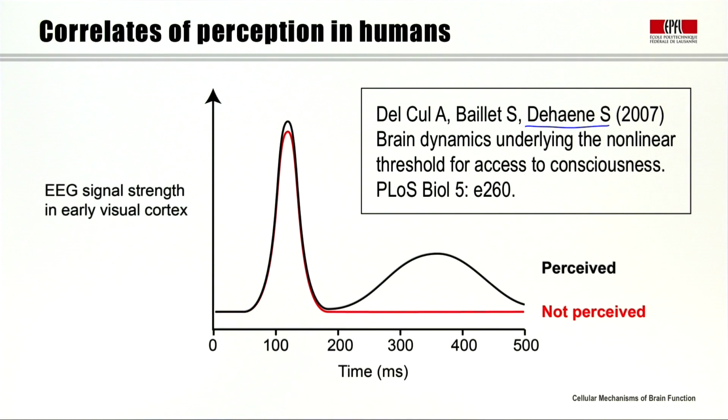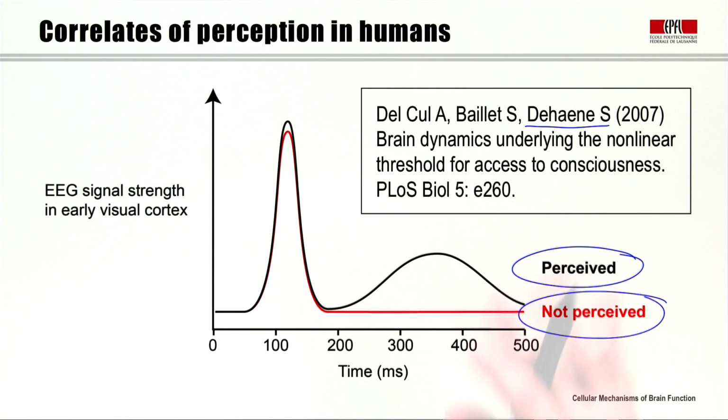And what Stanislas Dehaene and his colleagues suggest is that there's an early reliable sensory response in the visual cortex, and that there are late changes to the activity in the human brain that correlate with consciously perceived or not perceived stimuli.